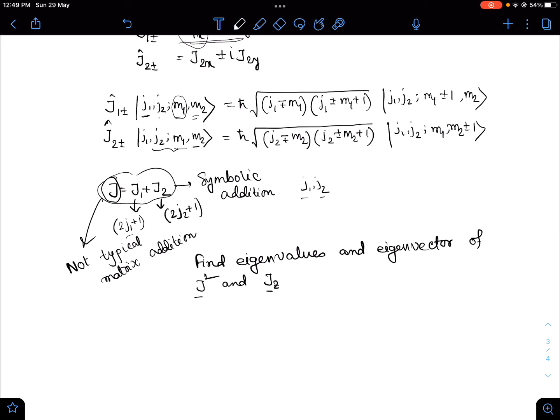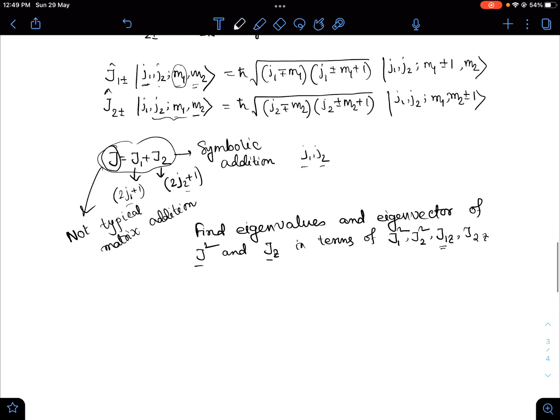We know j1 and j2, so we have to find them in terms of J1 square, J2 square, J1z and J2z, because we know that in the domain of angular momentum, only one component of angular momentum and the square of the angular momentum can be simultaneously diagonalized.